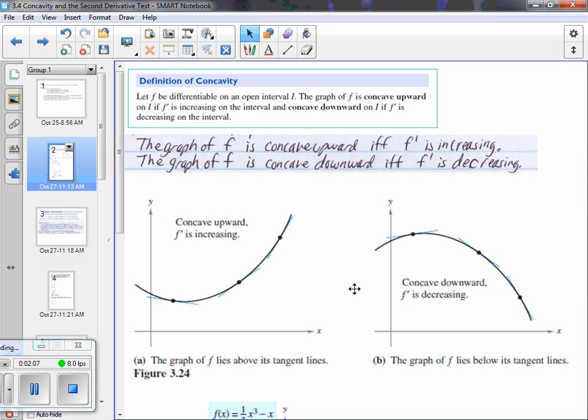So, if you look at the graph here on the left, as we move from left to right, the slopes of the tangent lines get larger. That means the derivative, which is the slope of the tangent line, is increasing. Like here, where they draw that one in, the slope of that tangent line is actually negative.